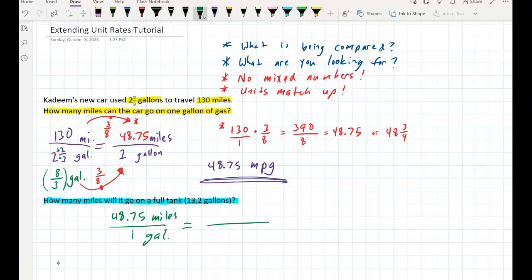So how far will it go on 13.2 gallons? It seems fairly straightforward. How do I get from 1 to 13.2? Well, I have to multiply by 13.2. 1 times 13.2 is 13.2. 48.75 times that same 13.2 is how much?